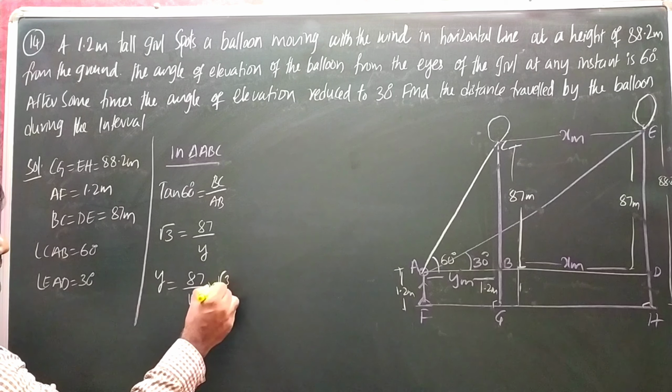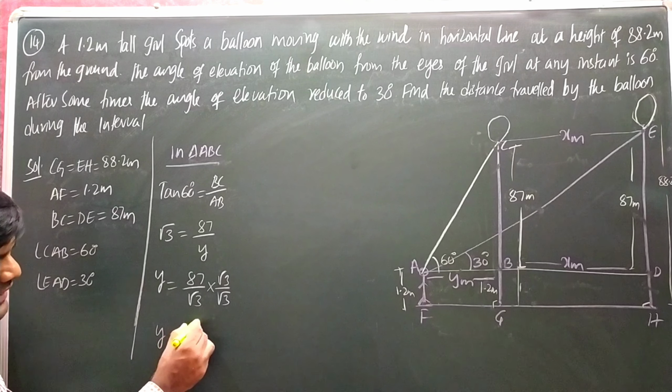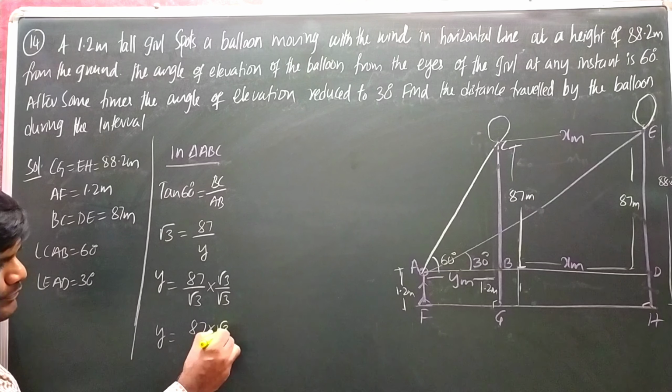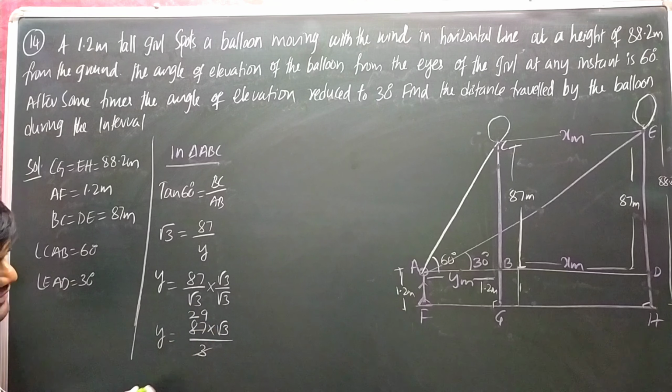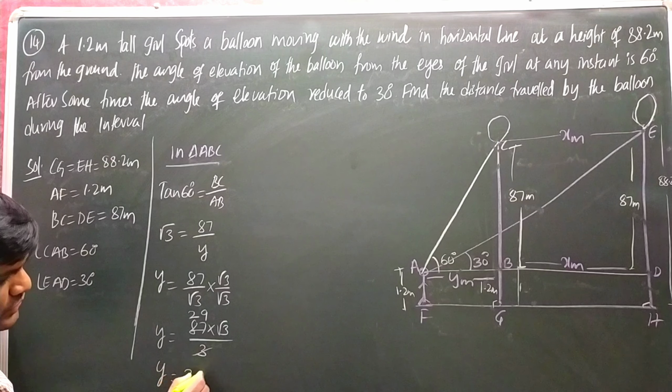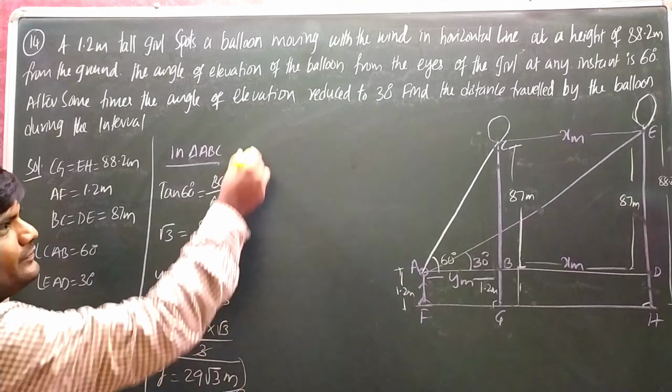Multiplying by root 3 by root 3, y equals 87 root 3 by 3. Cancelling, 3 nines are 27, so y equals 29 root 3 meters. This is clue number 1.